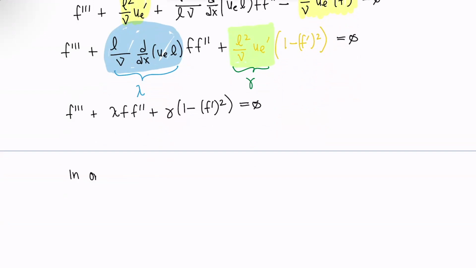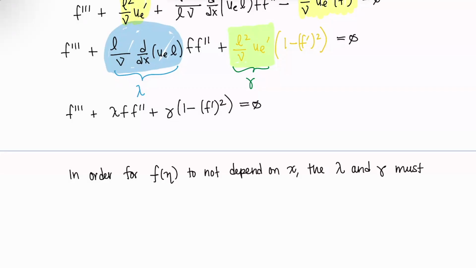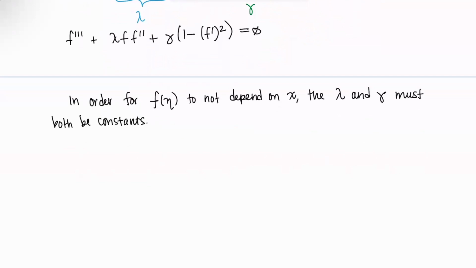So what that means is that lambda, which equals L over nu times d/dx of UE times L, is a constant.